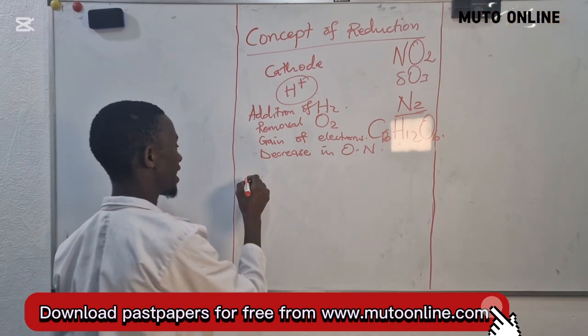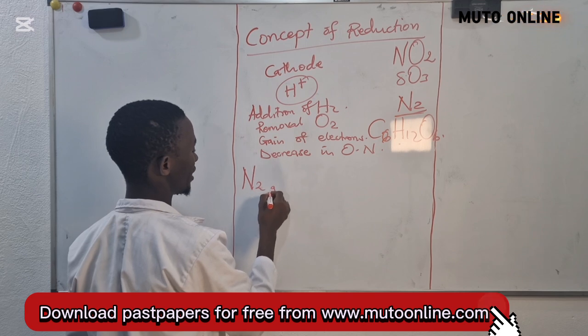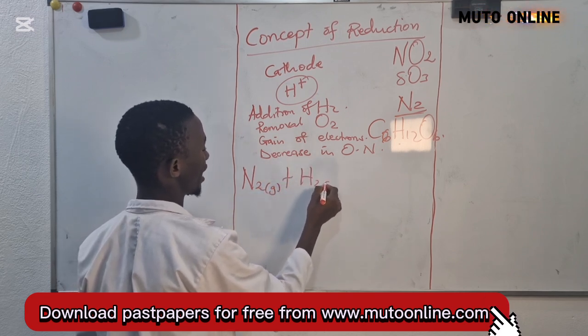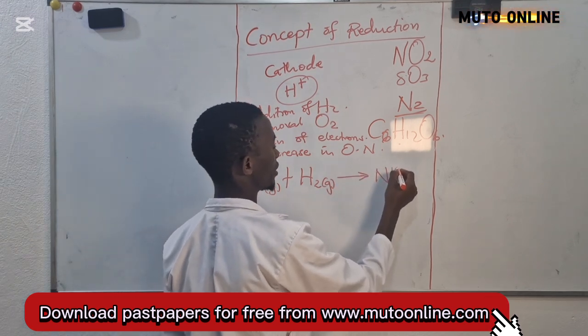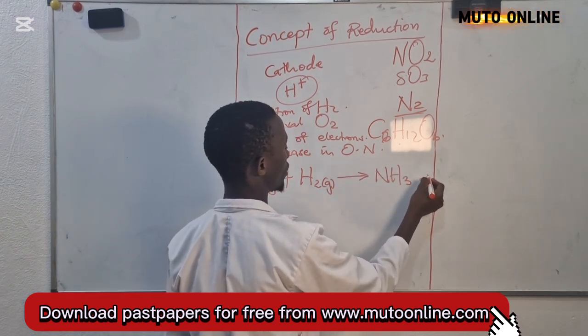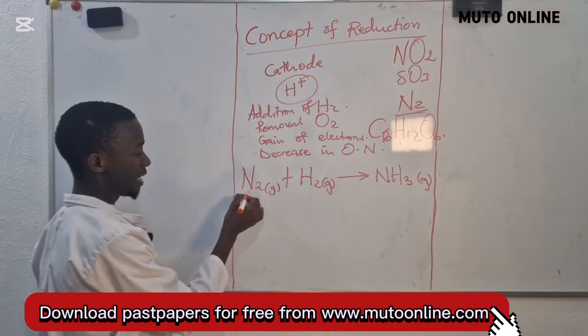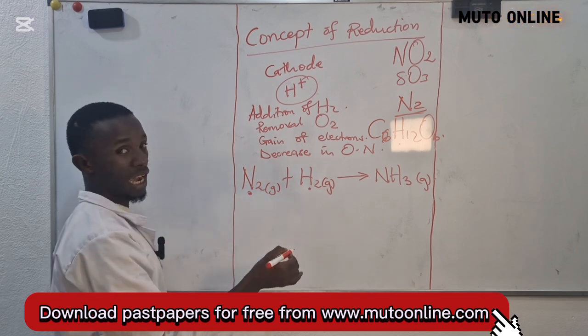We already gave one example where nitrogen gas is reacted with hydrogen gas to form ammonia gas. This is a reduction reaction because the nitrogen is reduced as a result of adding hydrogen to it.